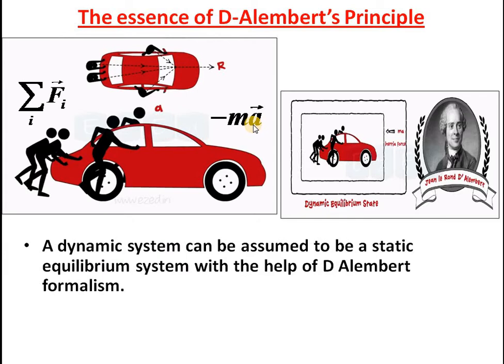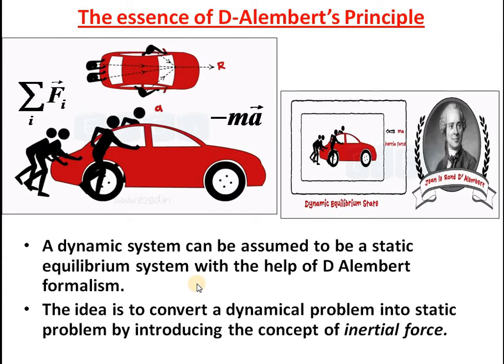Understand? So you assume that the dynamical system is static for any instantaneous time by adopting the D'Alembert formulation. And here the core idea is to convert a dynamical problem into a static problem by introducing the concept of inertial force.